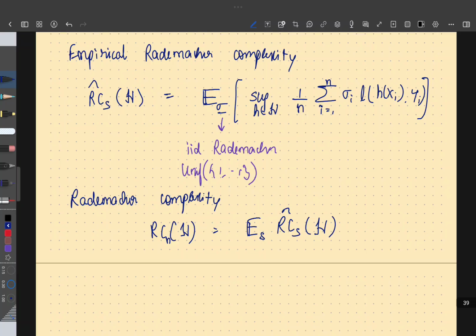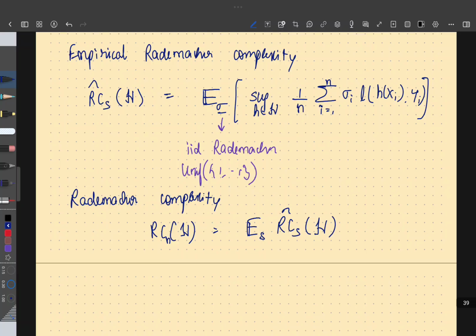Before we continue, let's try to think about why this Rademacher complexity should be a measure of complexity of your given function class. Of course, there is this L of H of x_i, y_i appearing, which is a little bit mysterious, but let's not think too much about L for now. Let's think about what would happen if the hypothesis class were very rich.